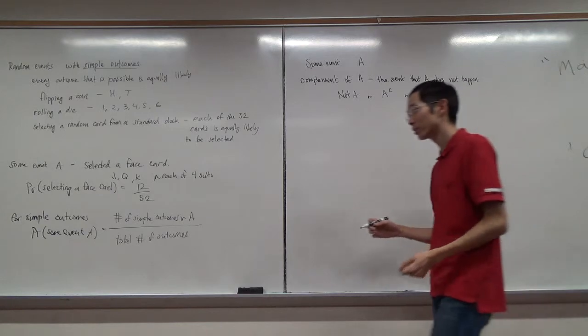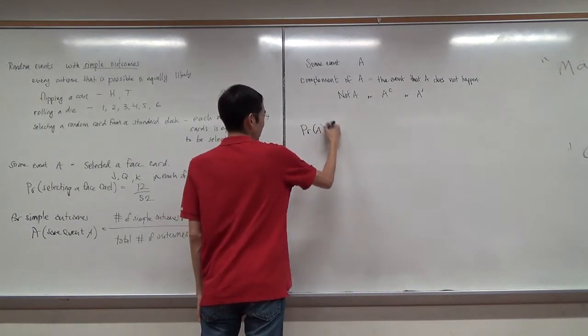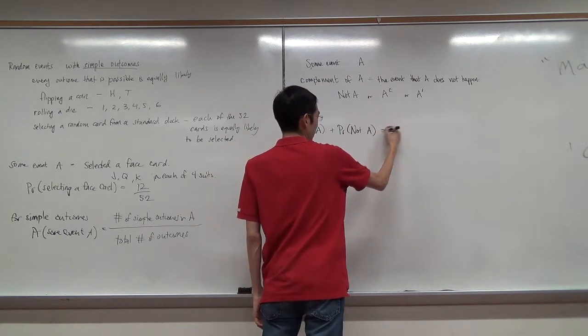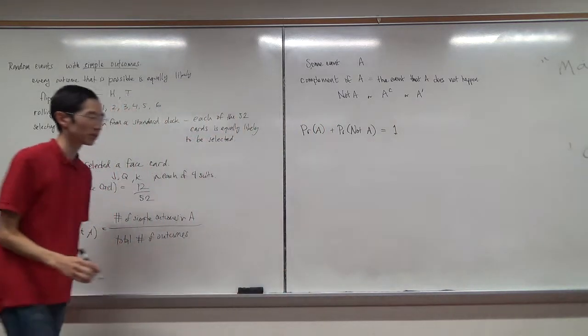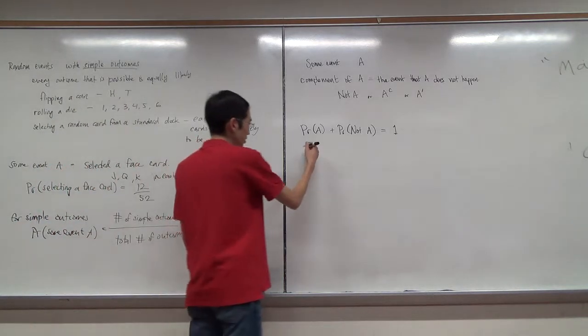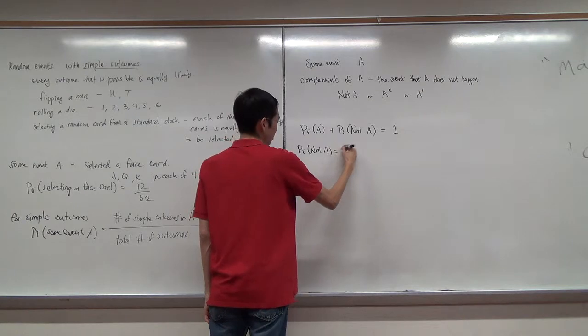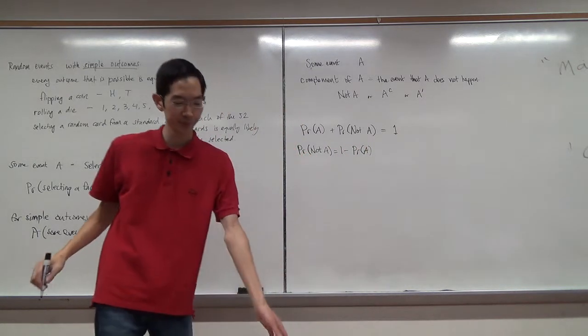And so the two probabilities, the probability of A plus the probability of not A, that accounts for everything that's possible, so the total probability between those two things is 1. Okay? And that gives way to the probability of any complement. The probability of not A is equal to 1 minus the probability of A.